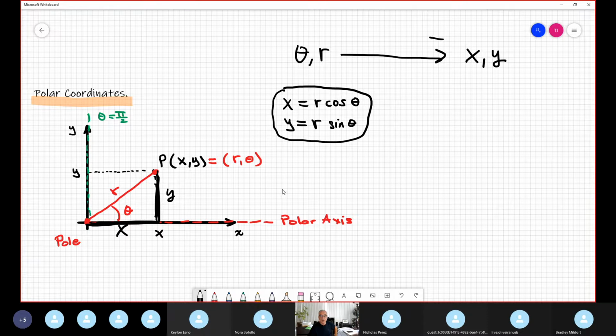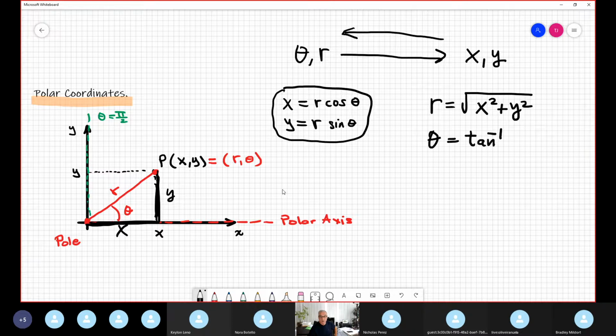When you want to go in the opposite direction, well, the equation is different. I have in my hand x and y. I need to find r and theta. Well, it's easy because r is square root of x squared plus y squared. It's Pythagoras, no? And theta is tangent inverse of y over x. Remember, by definition, tangent of the angle is opposite over adjacent. This is the opposite. This is adjacent.